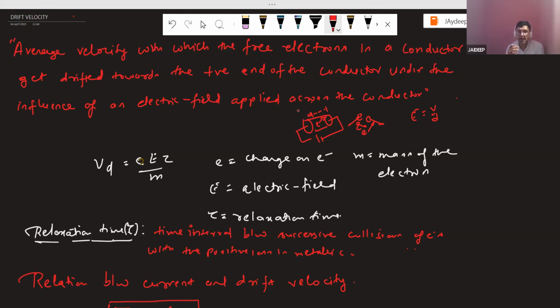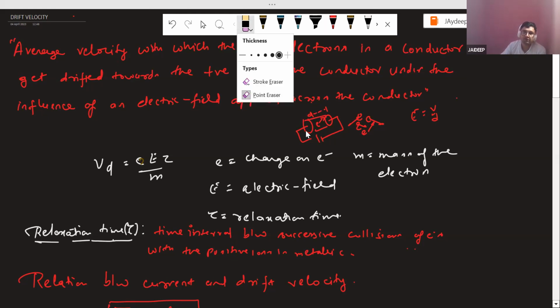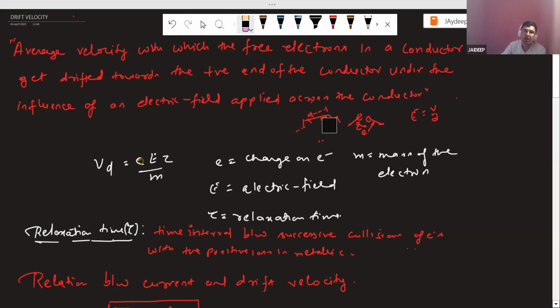The average velocity acquired by the free electrons of the conductor in presence of external electric field is known as drift velocity.